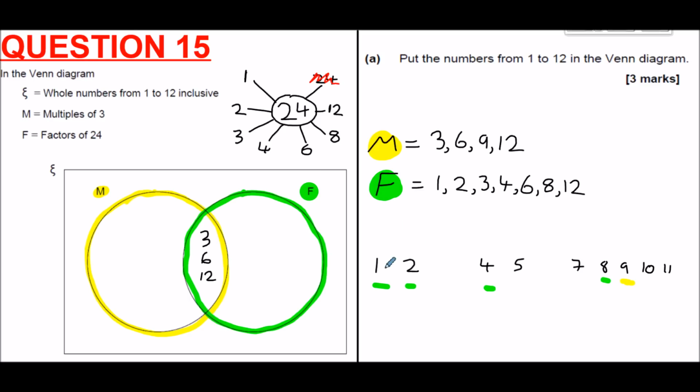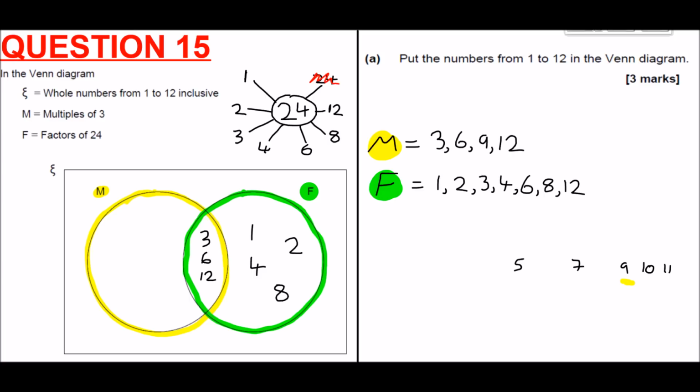Now, which numbers are green only? We've got 1, 2, 4, and 8. So in any order, 1, 2, 4, and 8 go into the green circle, which is for factors. So 1, 2, 4, and 8 we've dealt with.